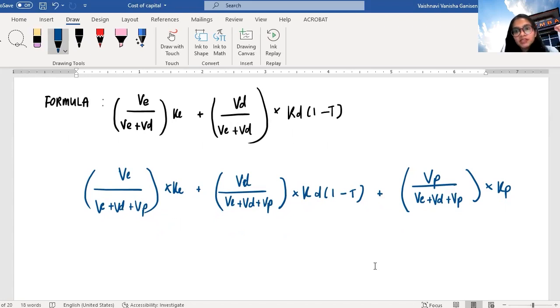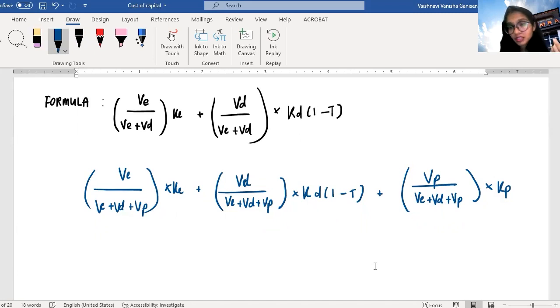But before you do that, guys, I've got something to explain about the concept of WACC. I have already explained to you what WACC is. Here, I'm going to explain the calculation of it.